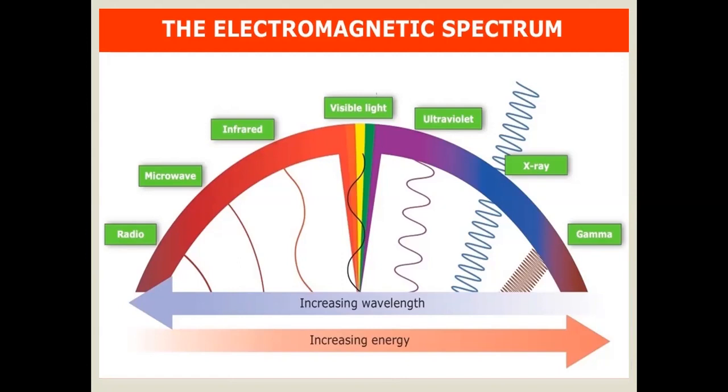Gamma ray has the highest frequency and the lowest wavelength, which means wavelength and frequency are inversely proportional to each other. So as wavelength increases, the frequency will decrease. The radiations in the electromagnetic spectrum are arranged according to increase in frequency.